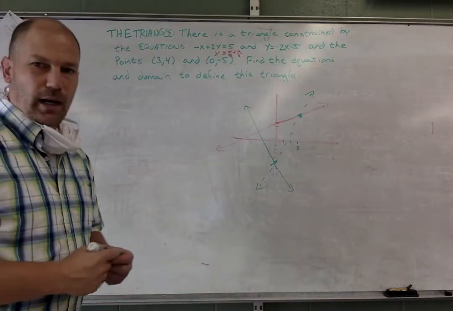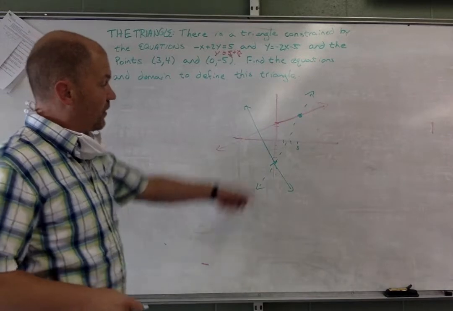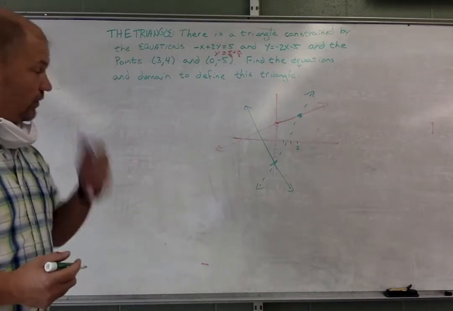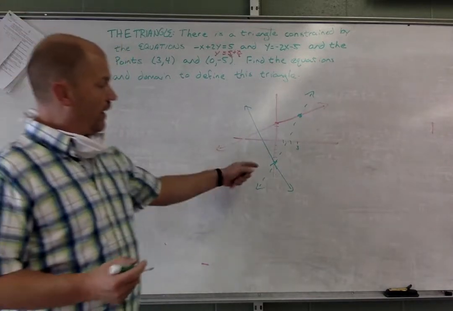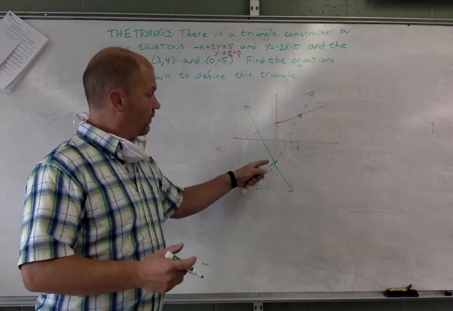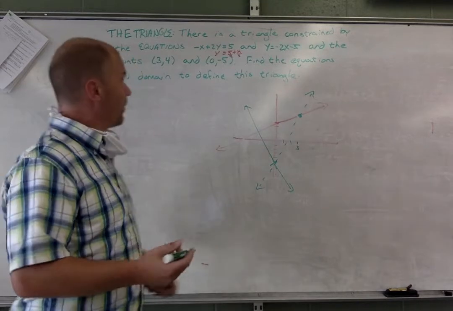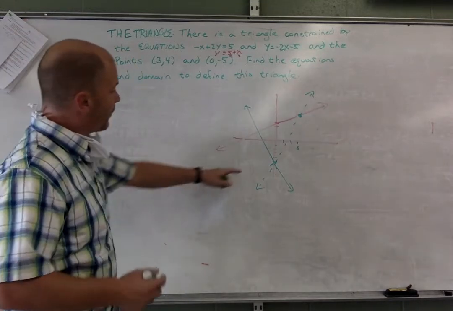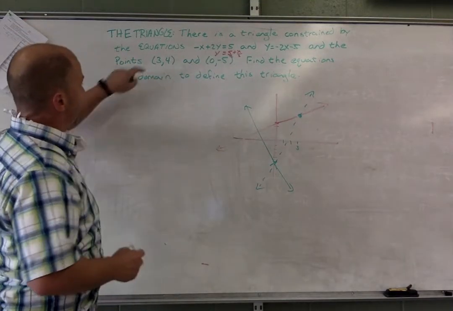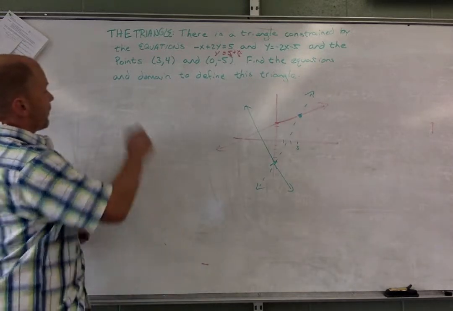So step 1, I'm going to find the equation of this dotted line. There are a couple of ways I could do it, but the quick way is to realize I've got 2 points, so I can use the two-point formula. I know the points (0, negative 5) and (3, 4) are on the graph.